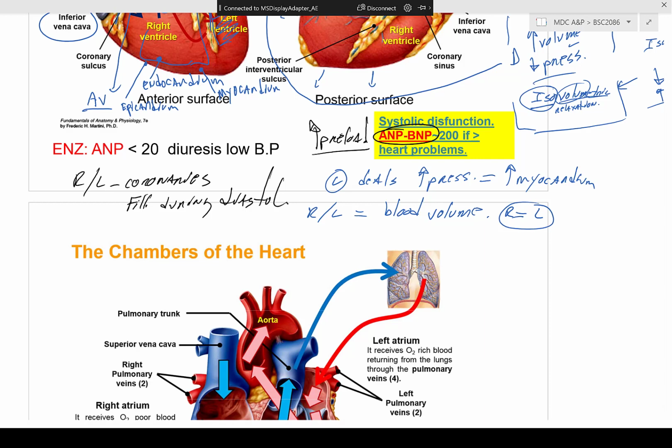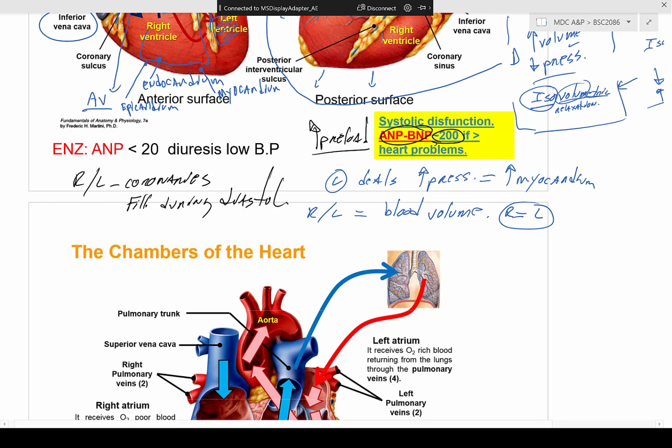So, how do you know there is a dysfunction? Dysfunction means that it doesn't work, right? When your ANPs and BNPs are about 200, okay? That means that you have a heart problem because your ANPs and BNPs are not supposed to be that high. In other words, your body's working twice as much.